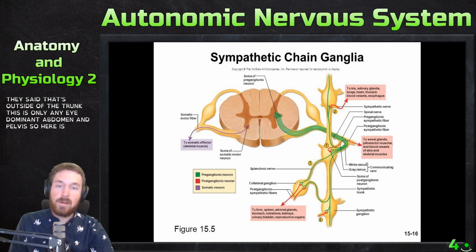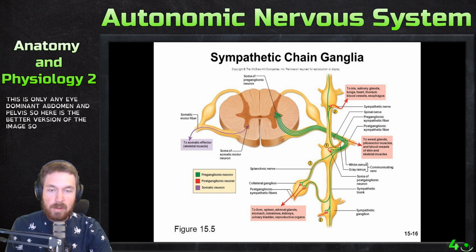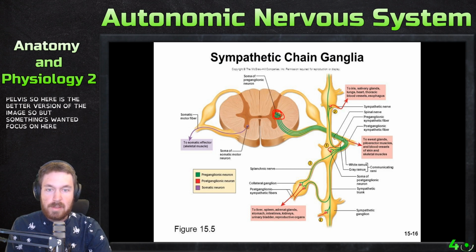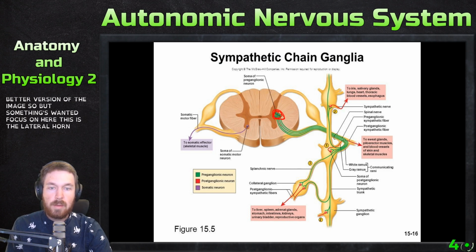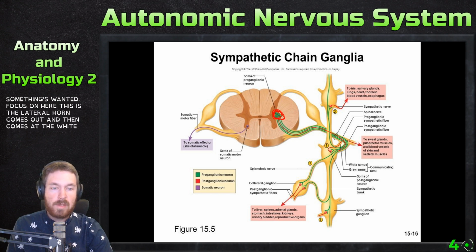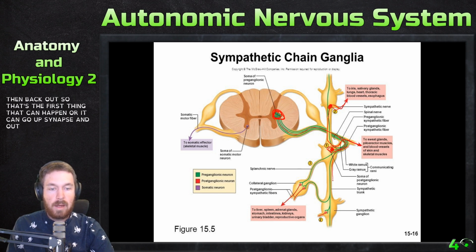So here is the better version of the image. Some things I wanted to focus on here. This is the lateral horn, comes out, and then comes at the white ramus, synapses, goes back out to gray, and then back out. So that's the first thing that could happen. Or it can go up, synapse, and out. It can go down, synapse, and out.